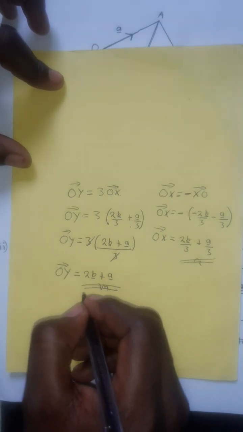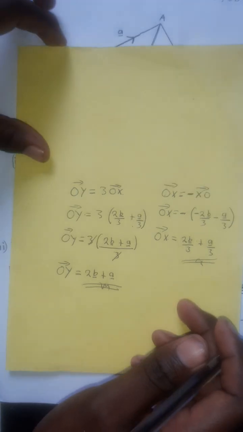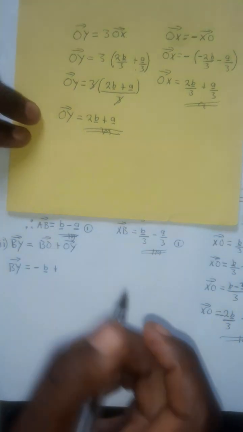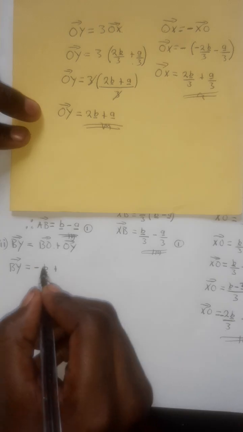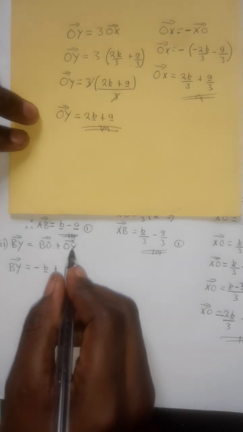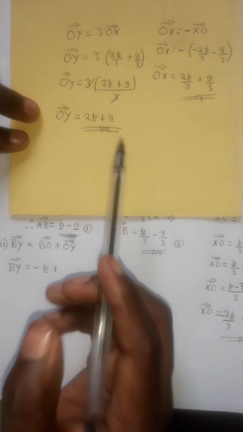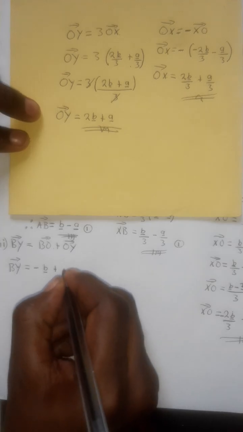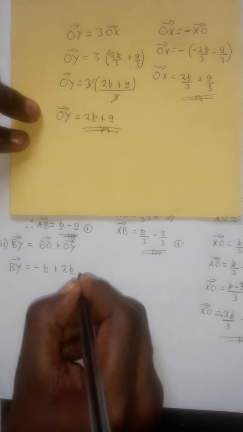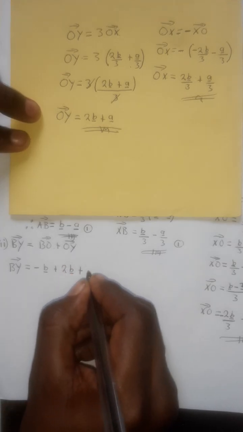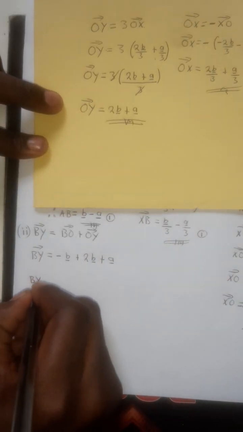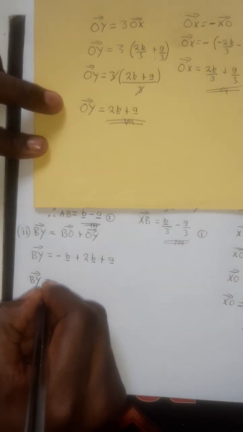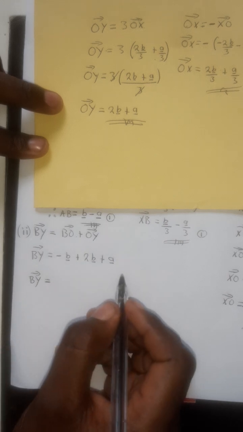This is our OY. We go back to our question. So BY we said is equal to negative vector B plus, what is our OY? The one we've just found, which is positive 2 vector B plus vector A. So BY is now equal to, we can collect the like terms.